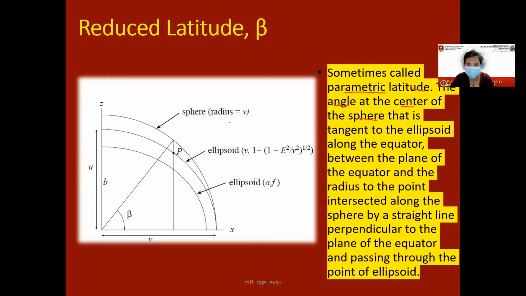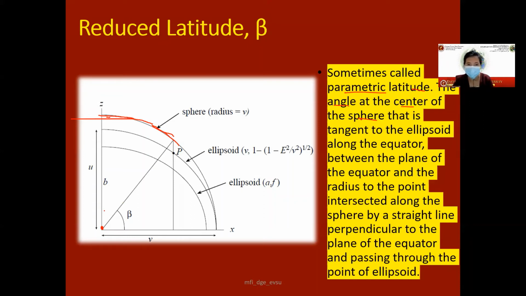Let's go through it one by one. If this is a sphere, this circular portion here is a sphere. This is the center of the sphere and this is the center of the ellipsoid. It is as if your ellipsoid is inscribed by a sphere.